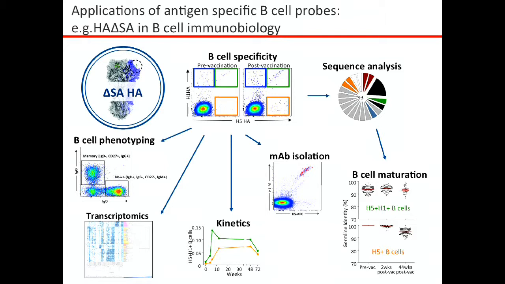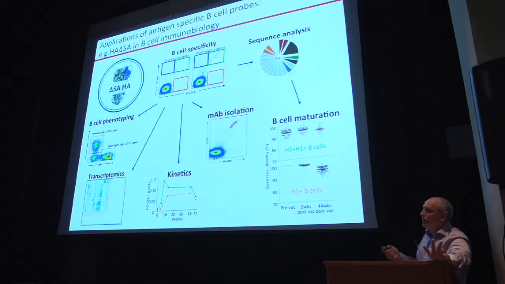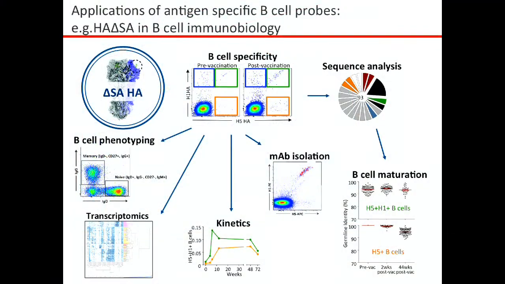Once we have a probe, be it a probe for influenza or for HIV or for tetanus toxoid or for human papillomavirus, we can do a number of things. Here we have an H1 probe and an H5 probe, pre-vaccination and post-vaccination, and as you can see, these populations have increased. So we can do sequence analysis, B-cell maturation analysis, isolate monoclonal antibodies, look at the kinetics of the memory B cells, transcriptomics, and B-cell phenotyping.